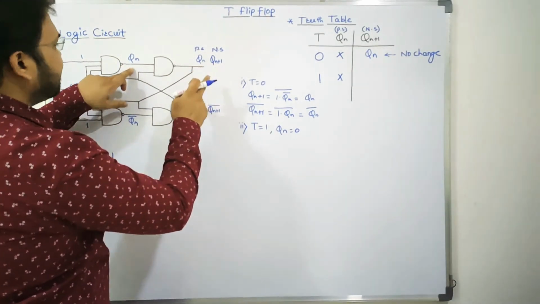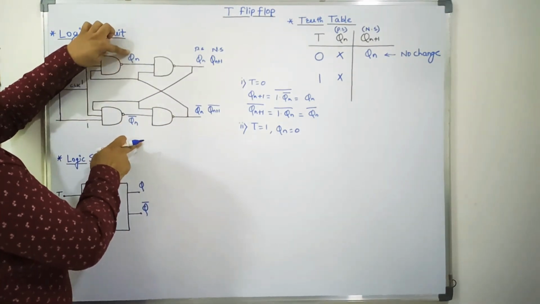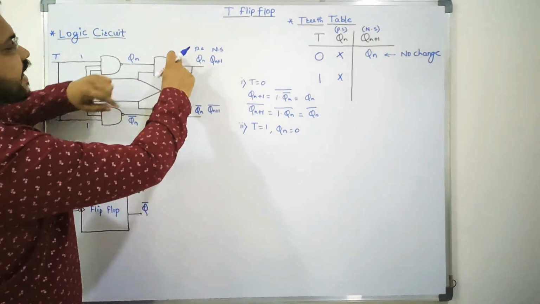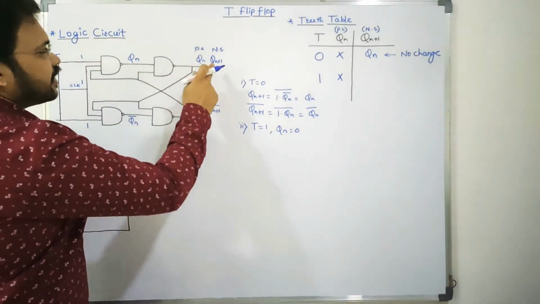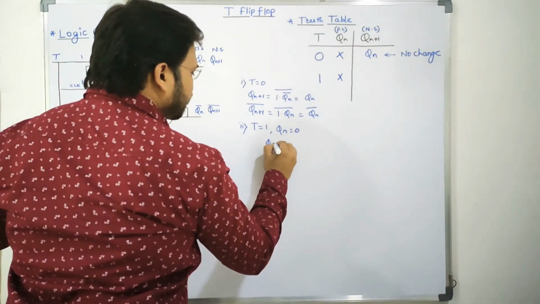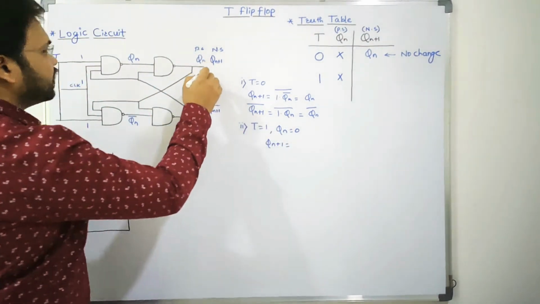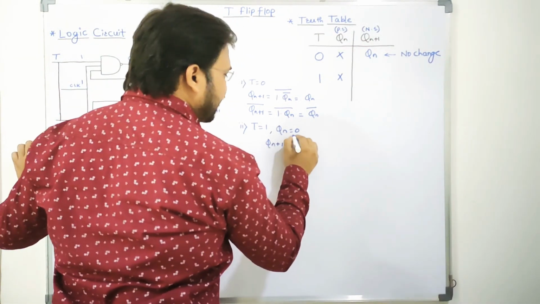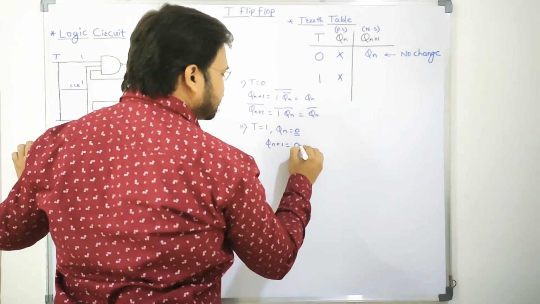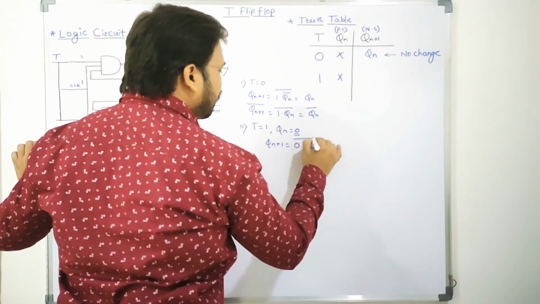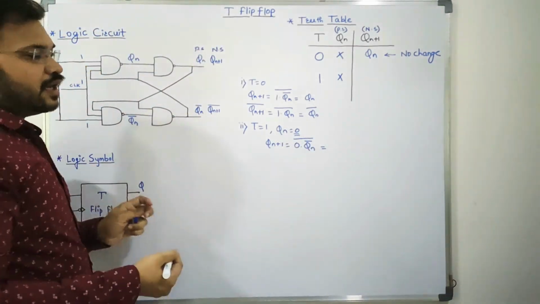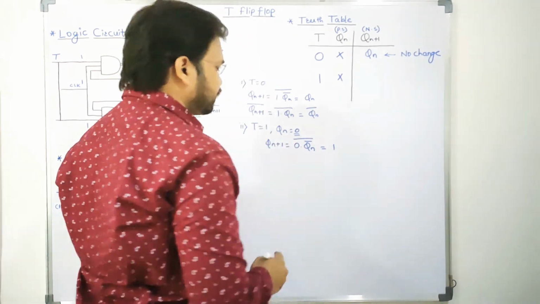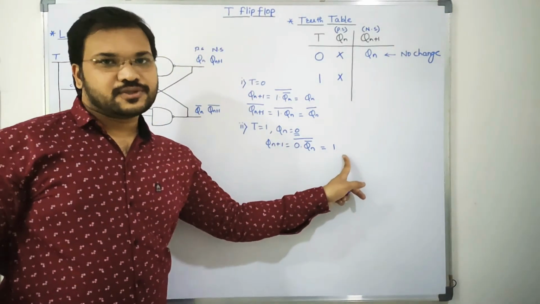Qn plus 1 is equal to 0 into Qn bar whole bar, because the value here we are having is 0. So 0 into anything is 0, and its bar is 1. So Qn plus 1 is equal to 1.